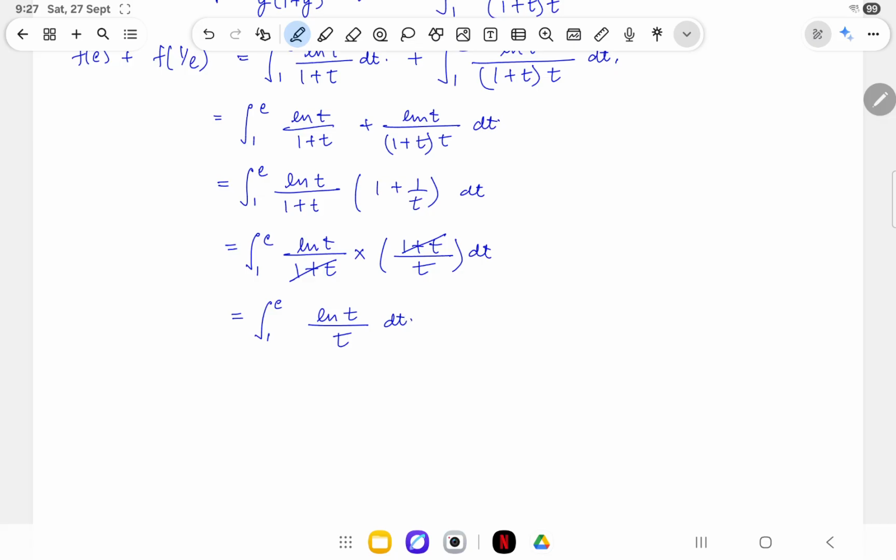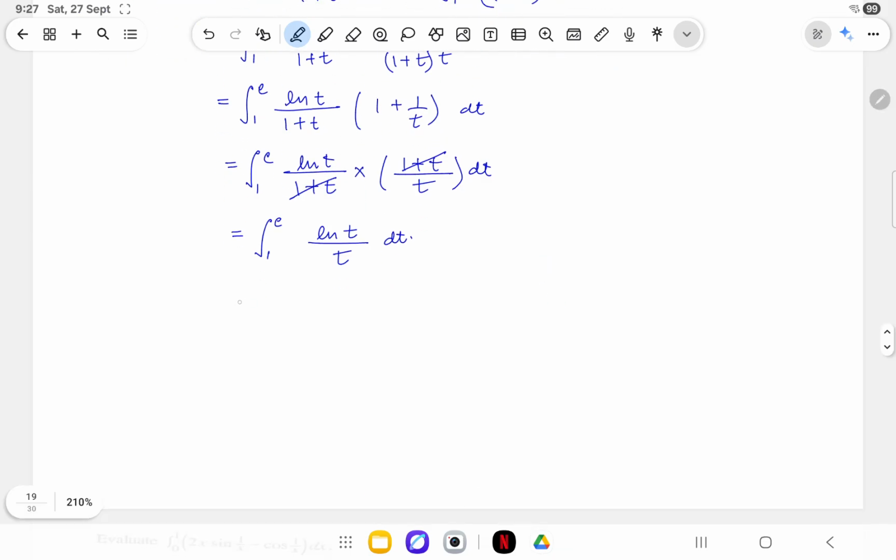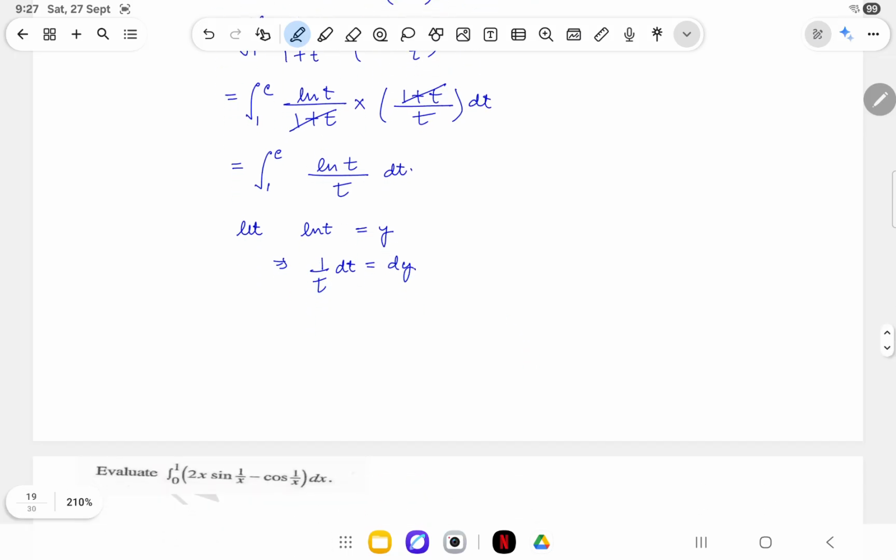Now we are supposed to solve this integral, and if I just let ln t equal y, so from here I'll get 1 by t dt equals dy. So I can write this above term as integration from 1 to e of ln t into dt by t, right?